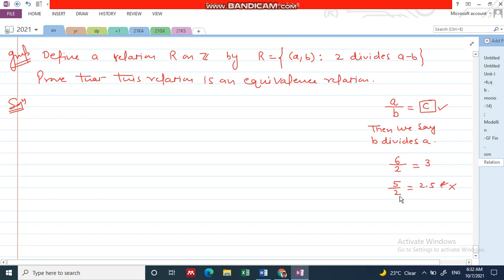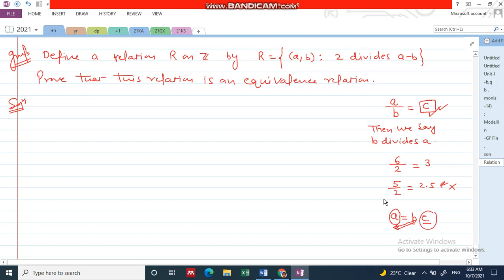So when we say that a is divisible by b, you always get an integer, or this can be expressed like this: a is equal to b times c. If you have this equation a equals b times c, it means that b divides a, and on this side you have one integer.